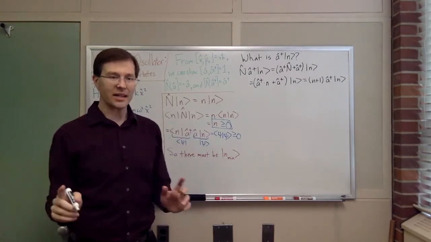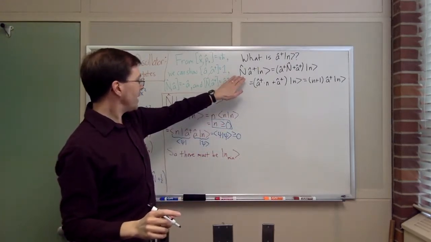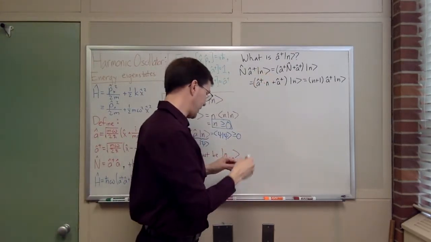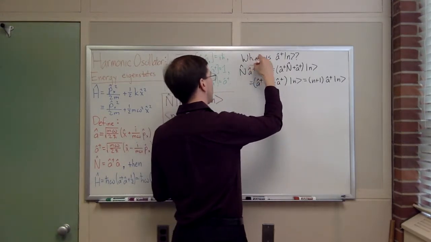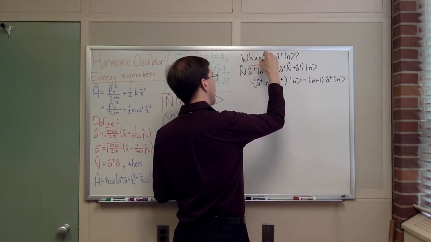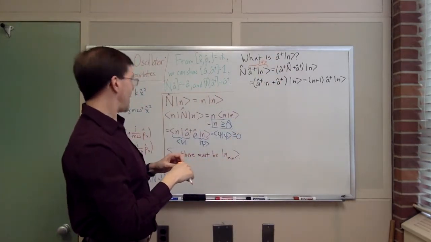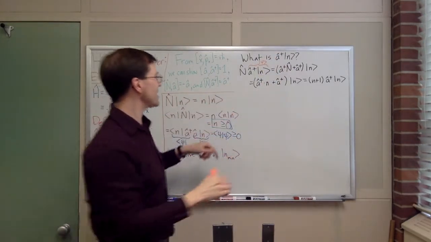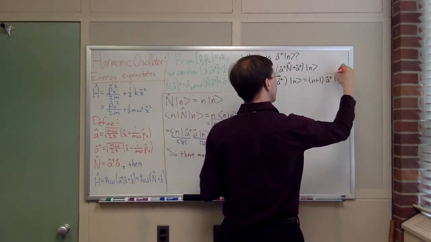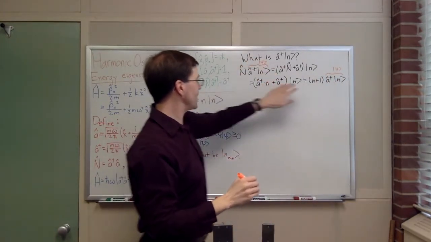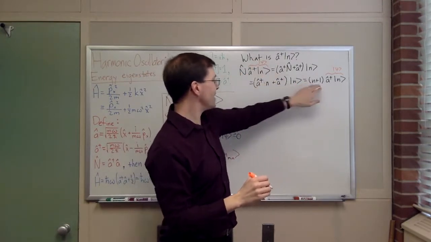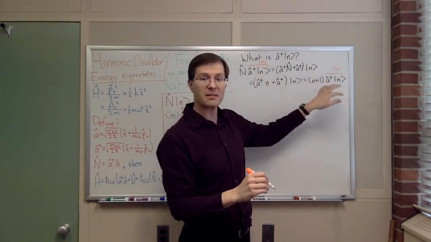But now we've got a great result. I can just give this a name. If I call this state psi, a different psi than last time, then this state is also psi, and this says that n hat acting on psi is n plus 1 times the same state psi.